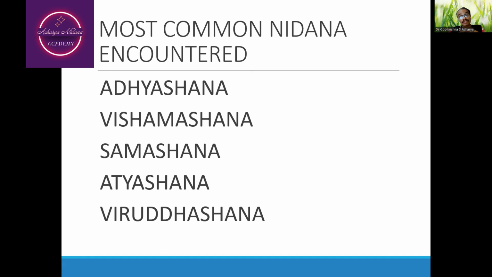Sometimes even the food may be coming up to the esophagus level. That much amount of food is Atyashana. Whereas Viruddhashana means incompatible diet, that is, consumption of milk and fish together.